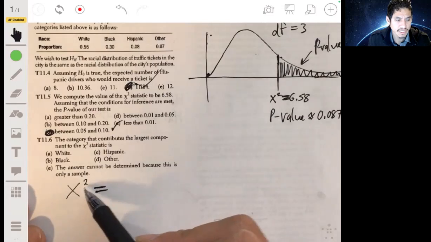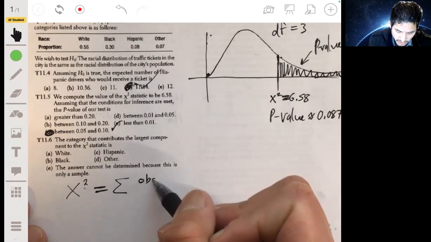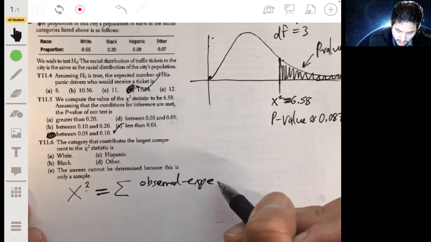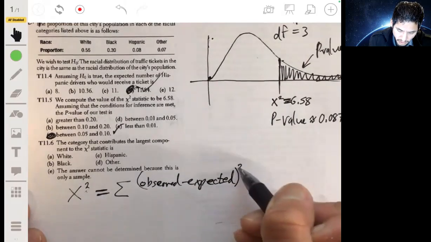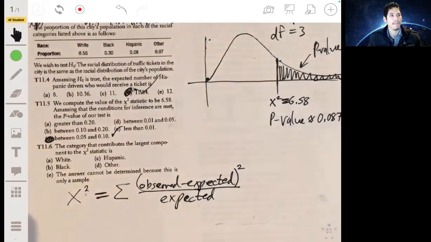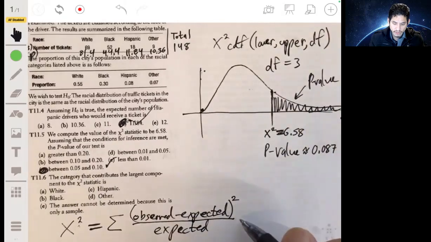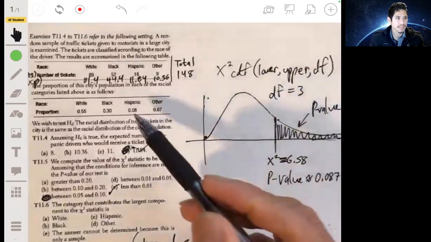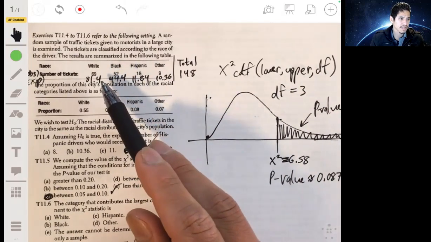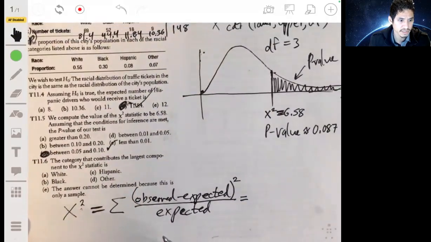Remember, the chi-square statistic is the sum, over all groups, of observed minus expected, squared, over the expected. You do that for each group. It doesn't matter the order, but you would take the observed number of white people minus expected, squared, and divided by the 81.4.